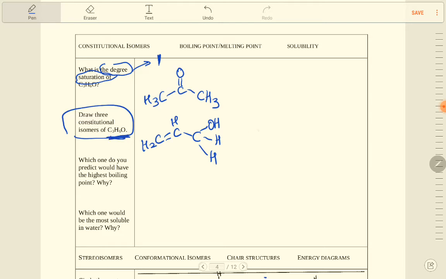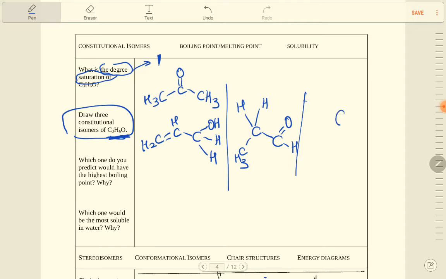The other one is C double bond O, H, and then the other structure, with two H's here, so total 4, we need 6, so there are 6 hydrogens and then oxygen here.